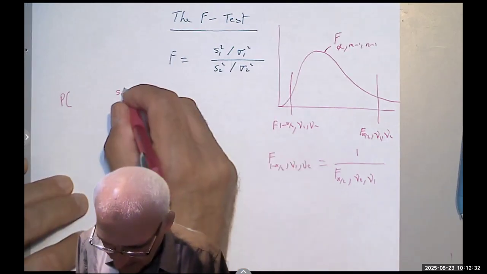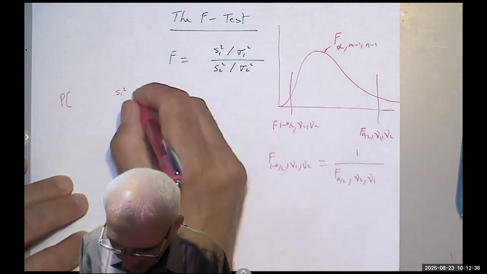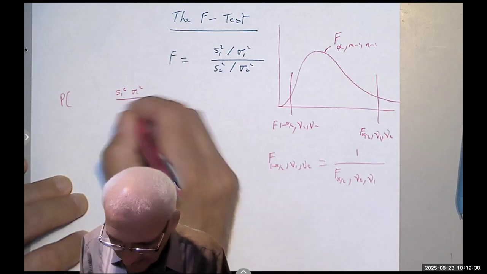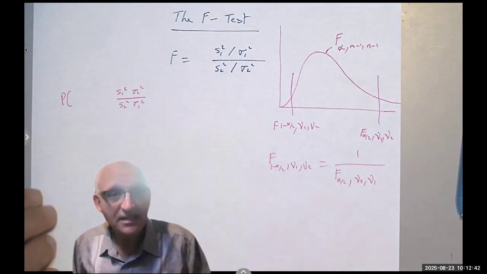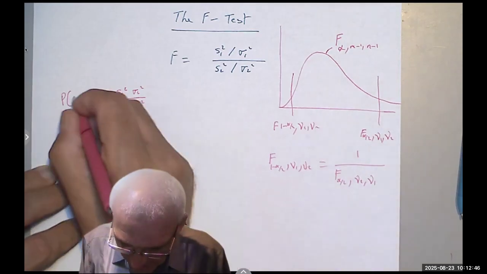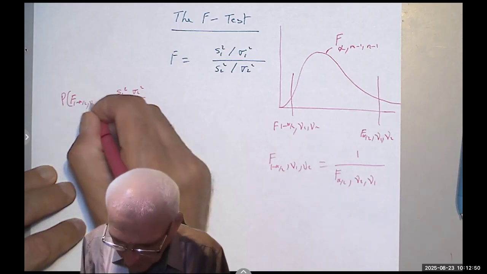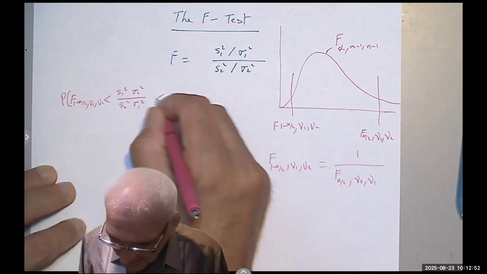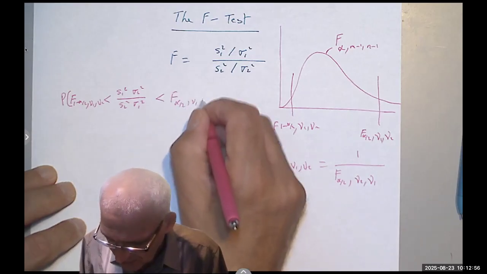So now I want the probability that S1 square over S2 square — in fact, if you divide by a fraction, you multiply by its reciprocal — should be greater than f of 1 minus alpha over 2, nu1, nu2, and less than f alpha over 2, nu1, nu2.